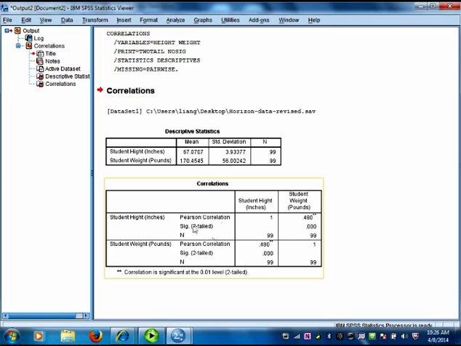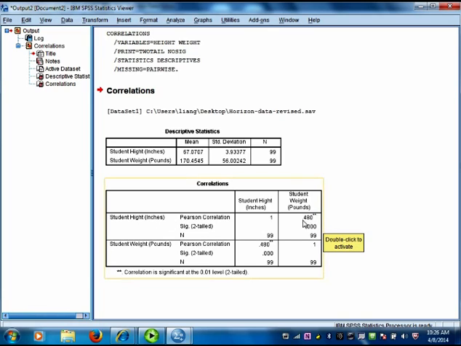So in this case, it's a two-tailed probability test, and the p is less than 0.000, which means the probability of type 1 error is almost 0. So this 0.480 is the correlation coefficient between weight and height.